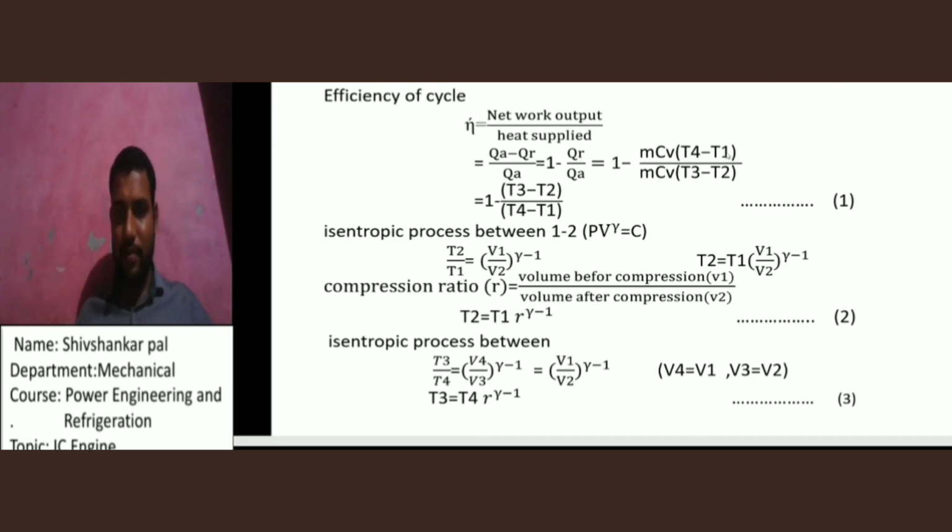When r to the power gamma minus 1 is common, then T4 minus T1 in the numerator and denominator are the same, so they cancel. That is our next step.